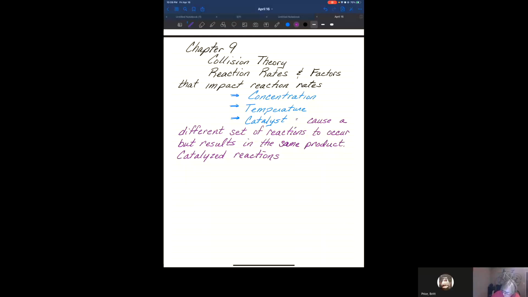So catalyzed reactions have lower activation energies. And the last one is only for solids, and that is surface area.